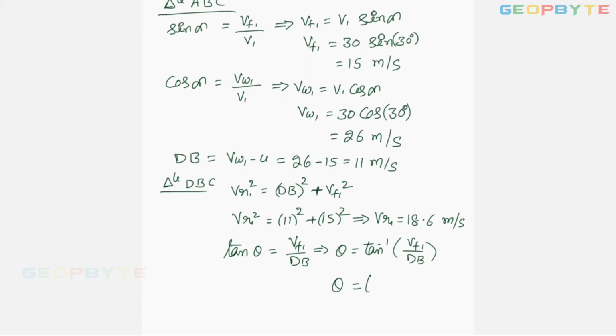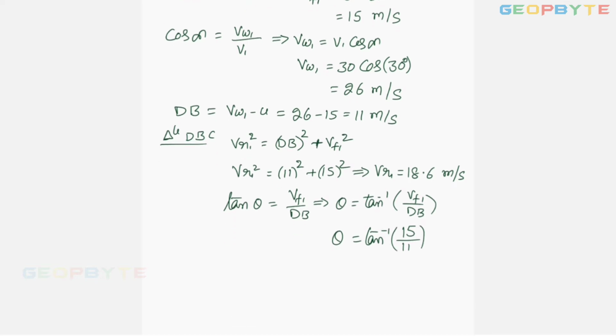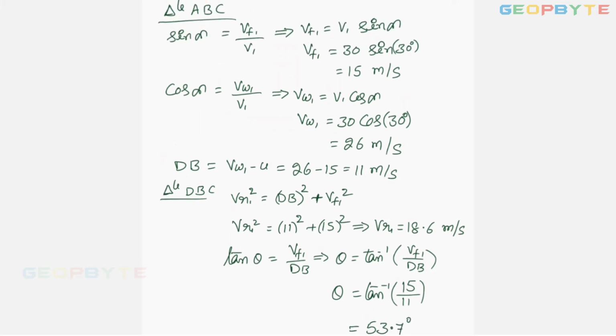Theta equal to tan inverse of Vf1, which is 15, by DB, which is 11. Simplify this value to get theta equal to 53.7 degrees. That is the blade inlet angle.